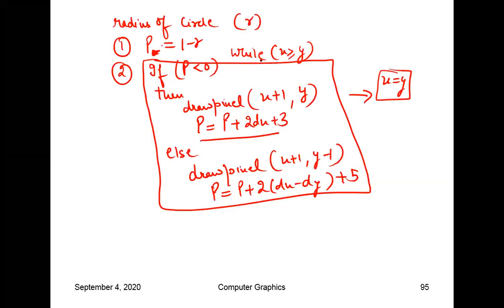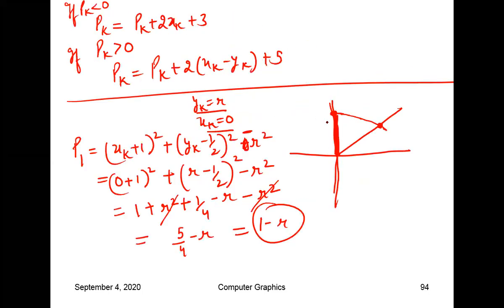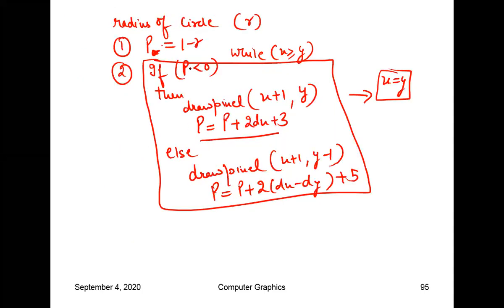And when we go beyond this, it means x has become greater than y, so we are crossing this particular slope. So this loop will continue while x is greater than or equal to y. So we'll make this arc like this.